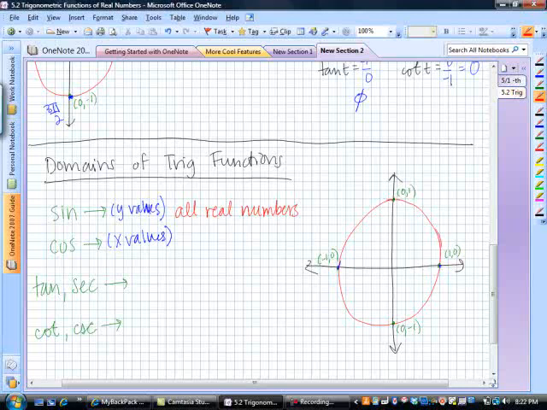And as we move to 90 degrees, your x value goes down to 0. As you move to 180 degrees, the x value goes to -1. And as we move to 270, our x value goes back to 0. And as we move back up to 360 degrees, the x value goes back to 1. The x value is always defined no matter where we are on the unit circle. So for that reason, the domain for cosine is all real numbers.